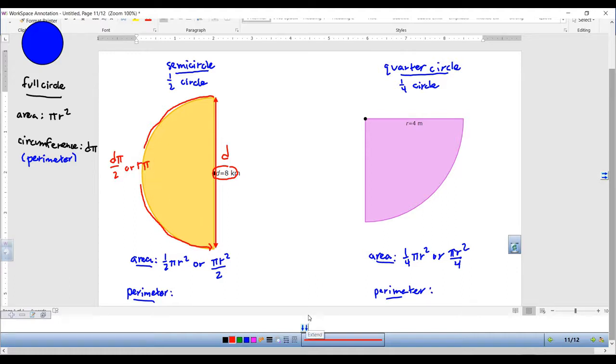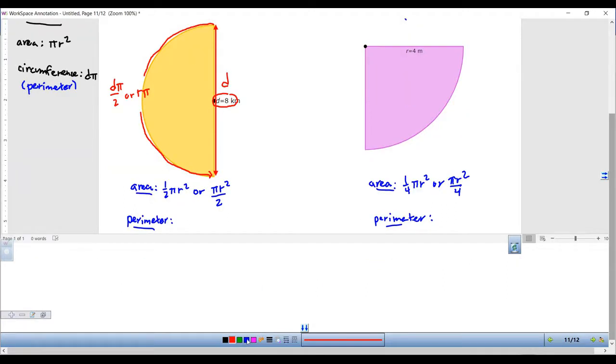So if I want to know what the perimeter is of this shape, I'm going to add those two together. So I can do the diameter plus the diameter times pi over 2, right? There's the diameter plus the diameter times pi over 2. Or if you prefer, you could say I'm going to make that part the radius times pi.